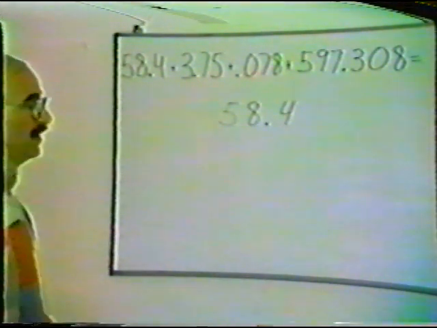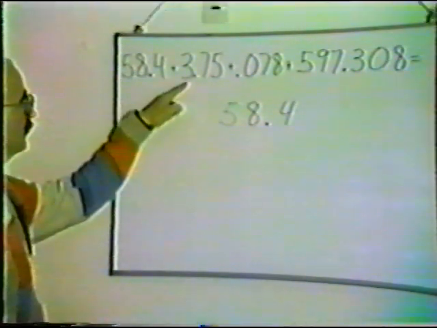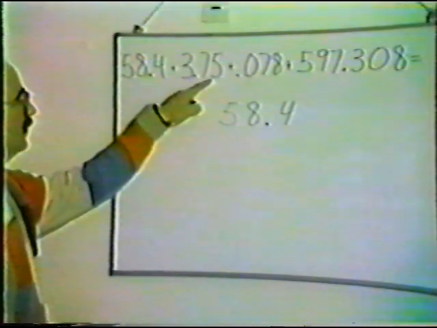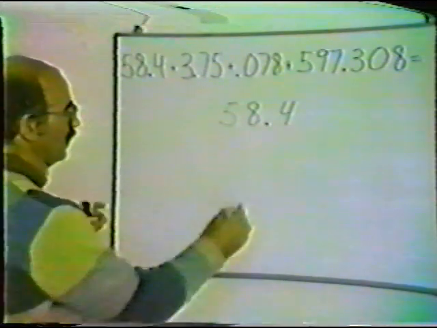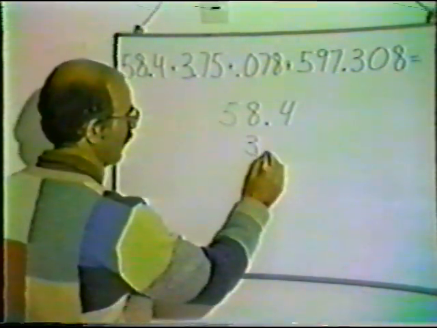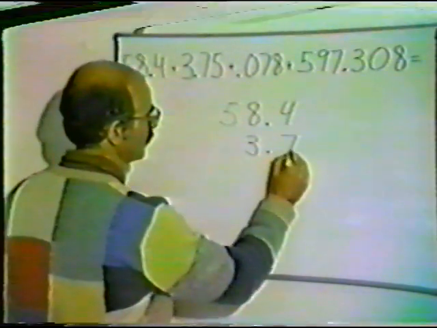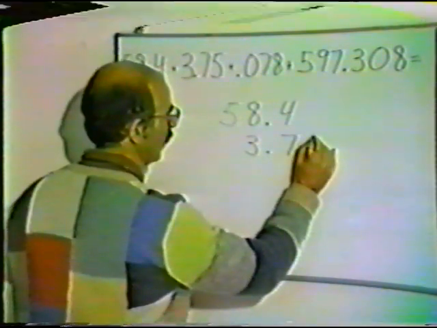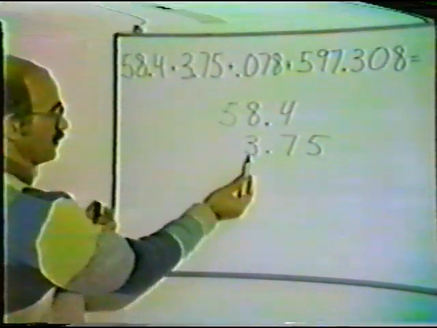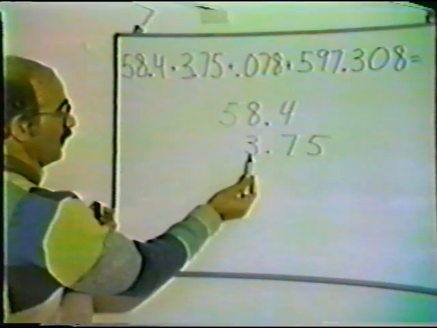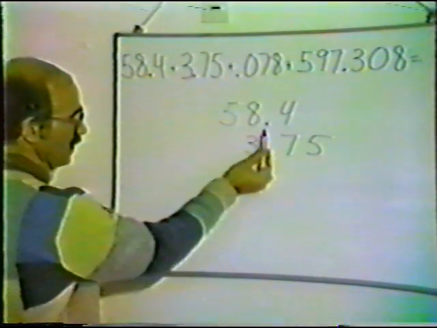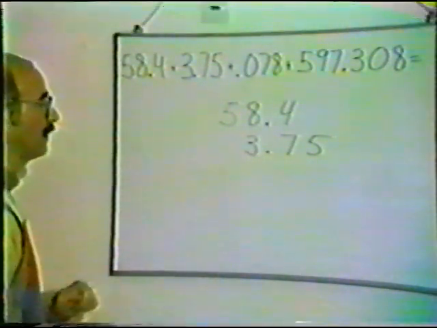What's the next number? 3 and 75 hundredths. This 3 has to be in the ones column, and the decimal points are lined up.